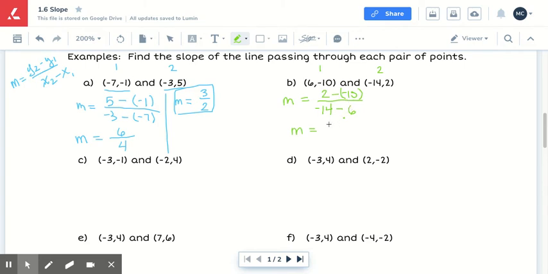So 2 minus a negative 10, that would be the same as saying 2 plus 10. So that would be 12. On the bottom, negative 14 minus 6, that would be negative 20.